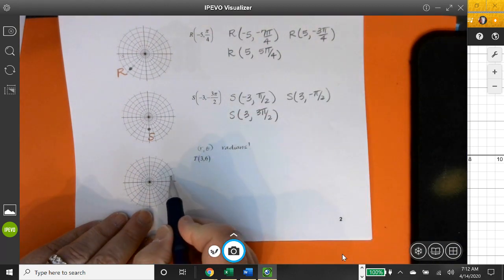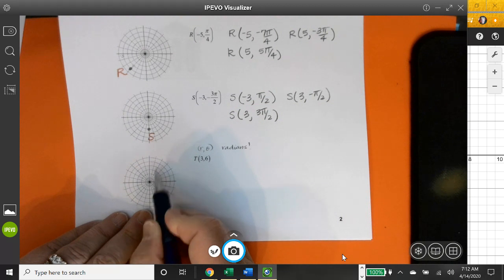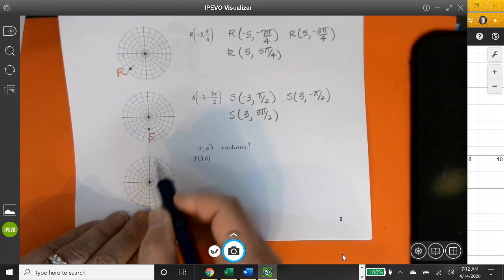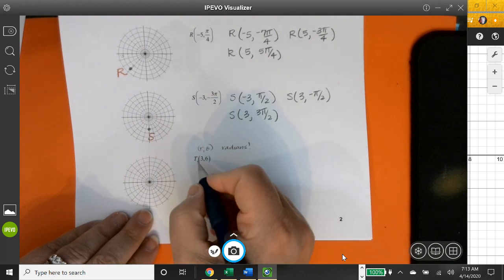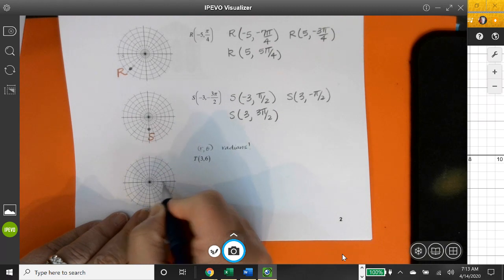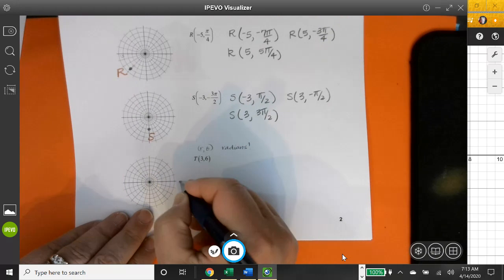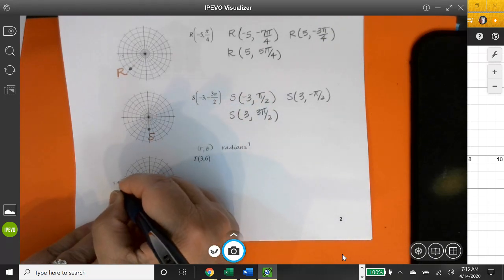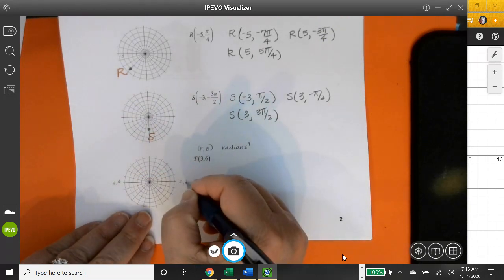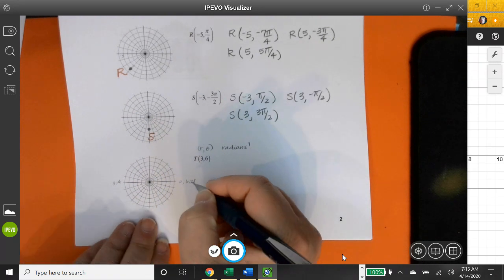And if we were in degrees, this would be 15, 30, 45, 60, and so on. So I go out radially 3, but 6 radians. Now remembering that this is 0 radians, and this would be 3.14 radians. This would be 6.28 approximately radians.